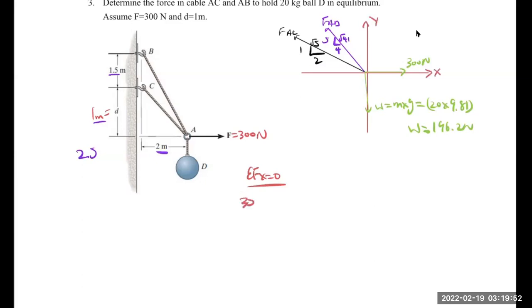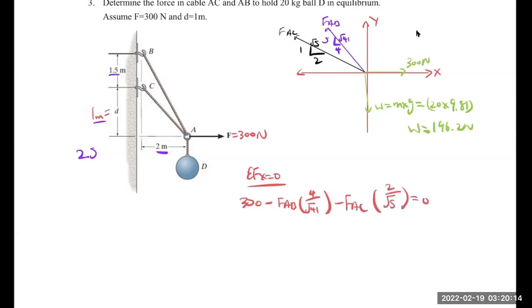So 300 minus FAB. FAB x component will be 4 over 5. I mean, my bad, 4 over square root of 41, minus FAC, 2 over square root of 5 equal to 0.